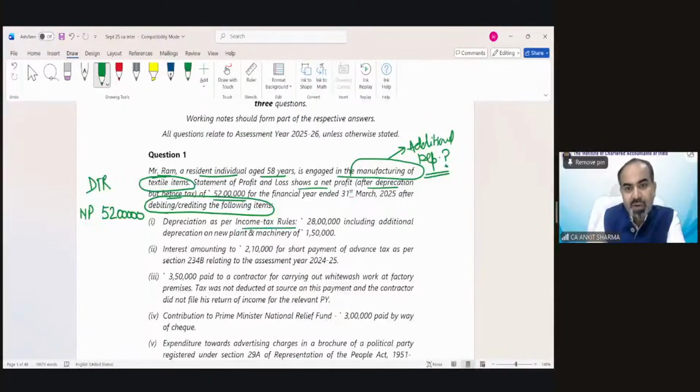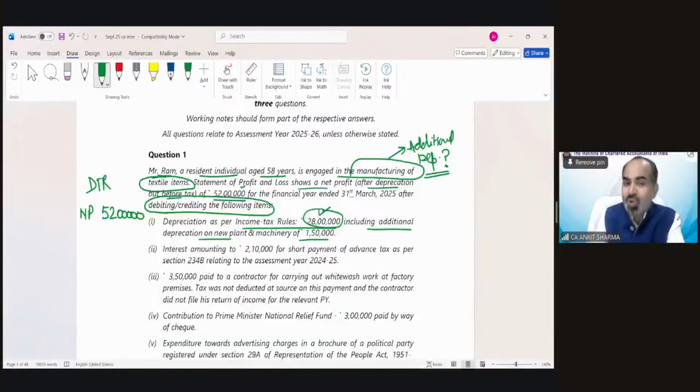Depreciation as per income tax rule is 28 lakh, including additional depreciation on new plant and machinery of 1,50,000 rupees. So technically it is saying that this depreciation we have already claimed in this profit. So 28 lakh we have already claimed, and we will not do anything with this.